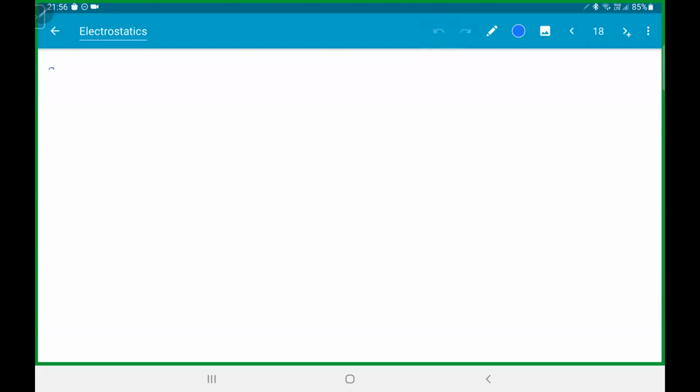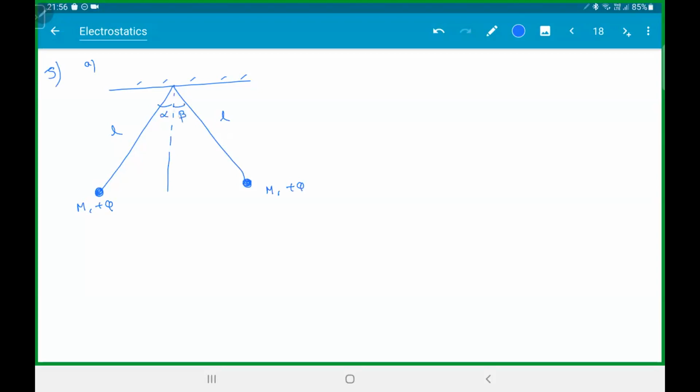Let's see one more. So we have two pendulums, length L, length L. This is mass M, charge Q. This is mass M, charge Q. Let this angle be alpha and let this angle be beta.